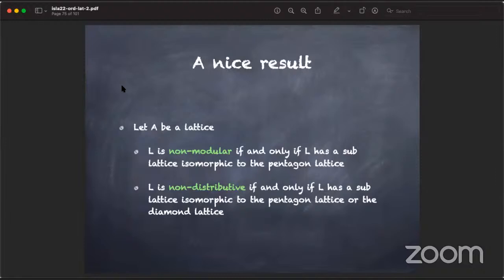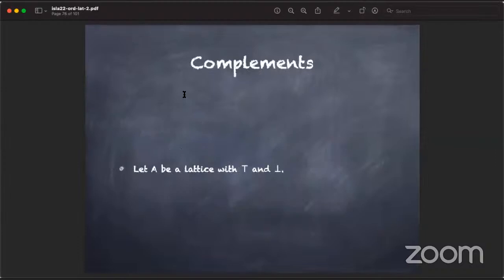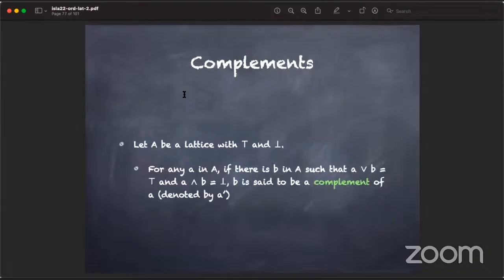Before going into Boolean lattices, let me introduce the idea of complements. Let us consider a lattice with the top element and the bottom element. Now, take any A in the lattice. If there is another element B such that A join B is top and A meet B is bottom, then B is said to be a complement of A, and we denote B by A prime or A complement.